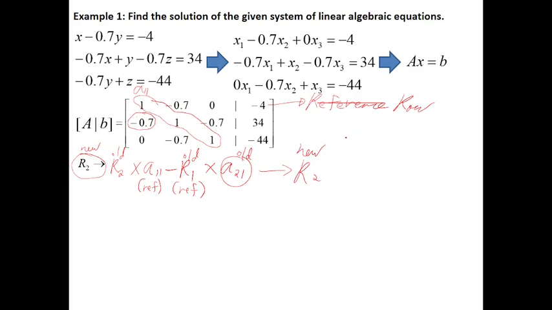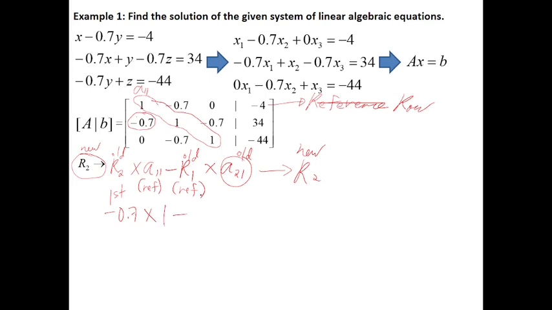In short, we start with the first element at row 2. What is the first element at row 2? Negative 0.7 times A11. A11 is 1.